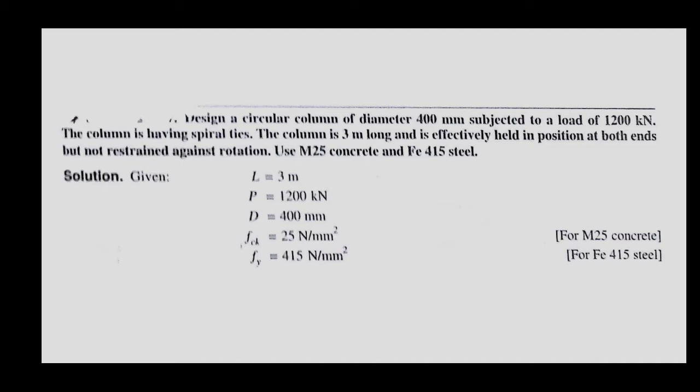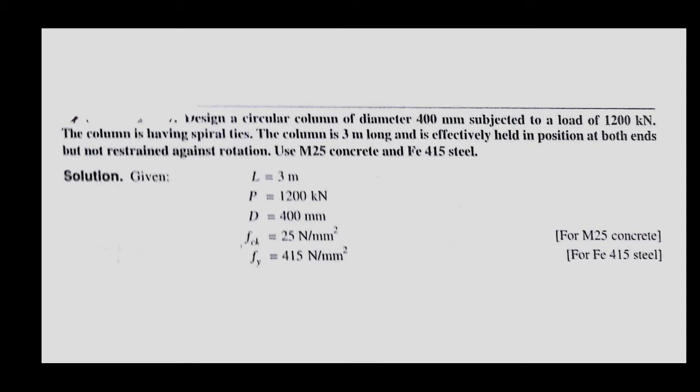The column is having spiral ties. The column is 3 meter long and is effectively held in position at both ends, but not restrained against rotation. Use M25 concrete and Fe415 steel. So, this is the problem of helical reinforcement. We have to design a circular column with helical reinforcement. End conditions are given here.